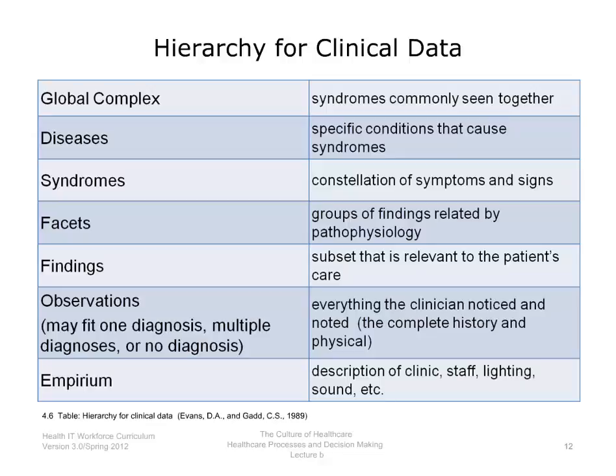Finally, at the top of this hierarchy is what Evans and Gadd call a global complex. This refers to combinations of syndromes or diseases that tend to occur together in the same patient.